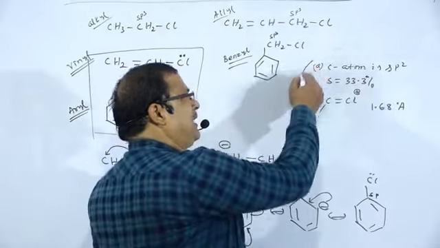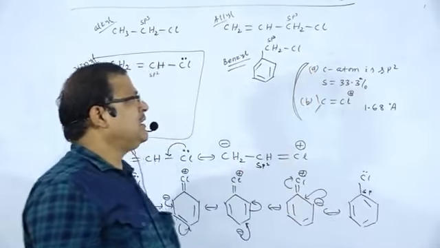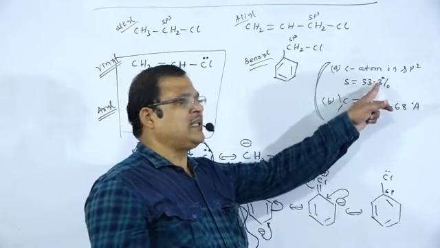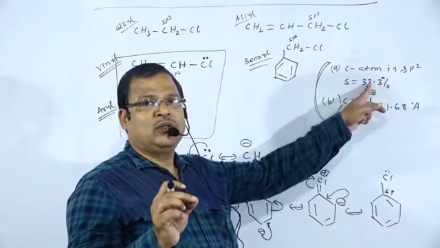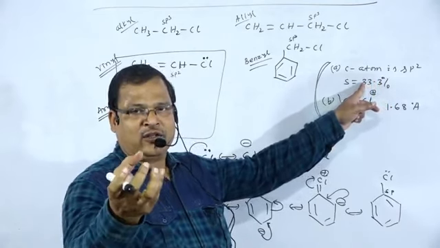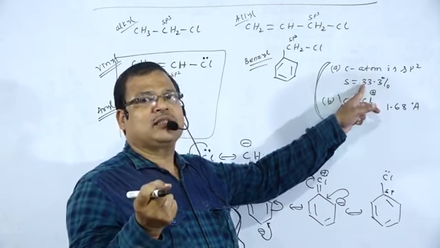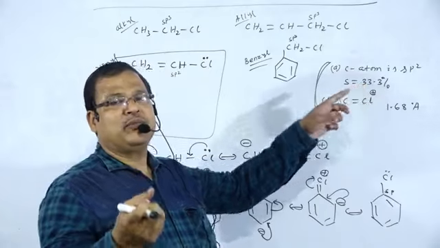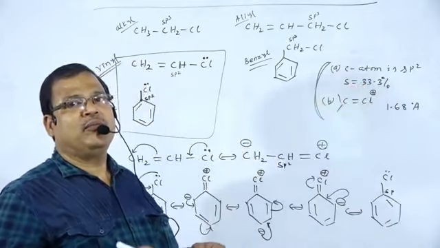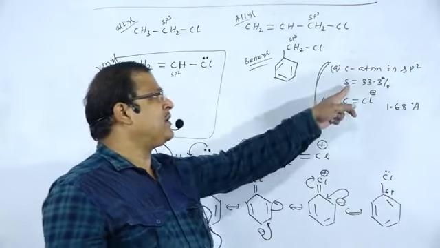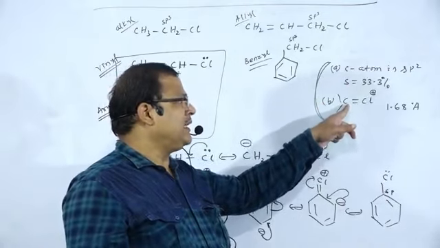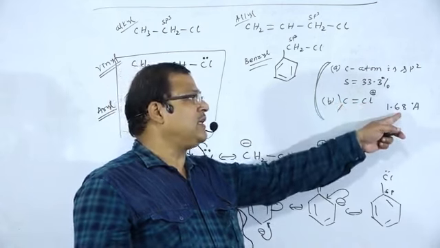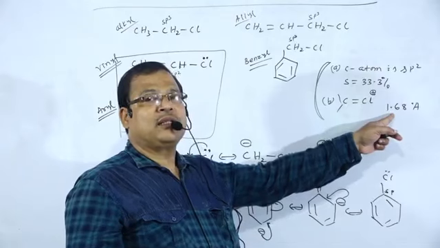If we explain the reactivity, in this case the carbon atom is sp2 hybridized, meaning S character is 33.3%. We know higher the S character, higher the penetration power towards the nucleus. S character is more means more penetration towards the nucleus, so bond strength will increase. Moreover, there is the development of carbon chlorine double bond character, so bond length will decrease, to 1.68 angstrom.